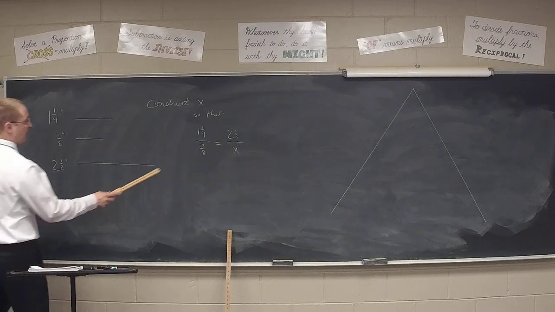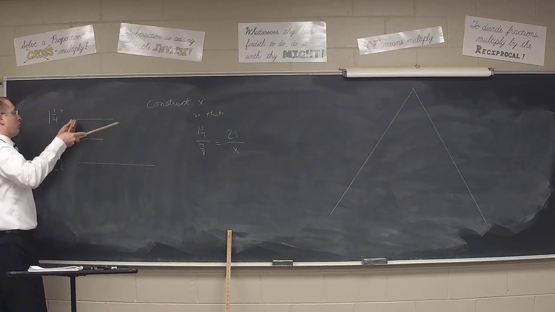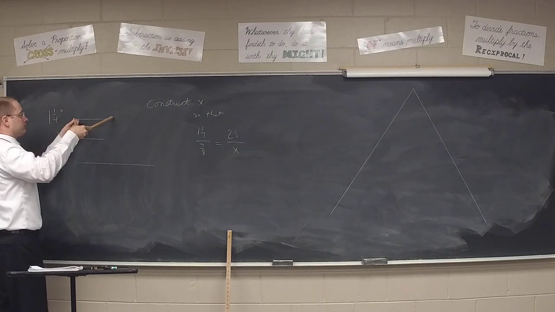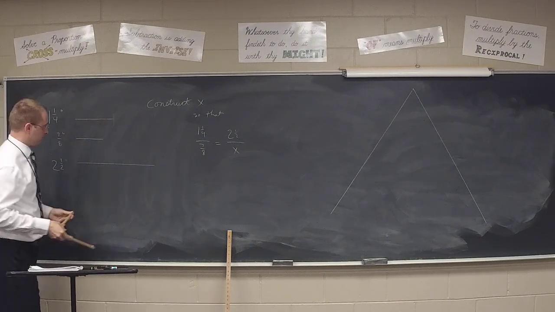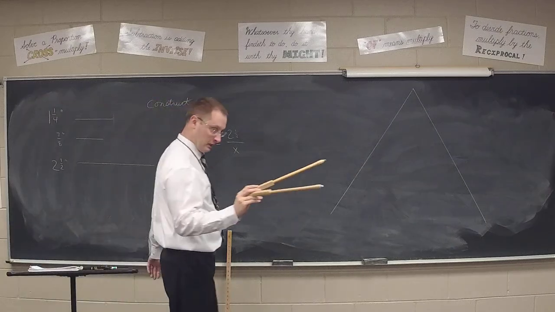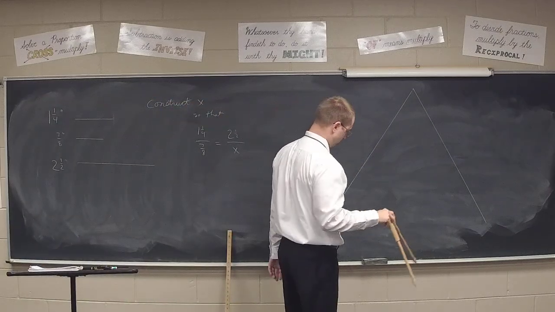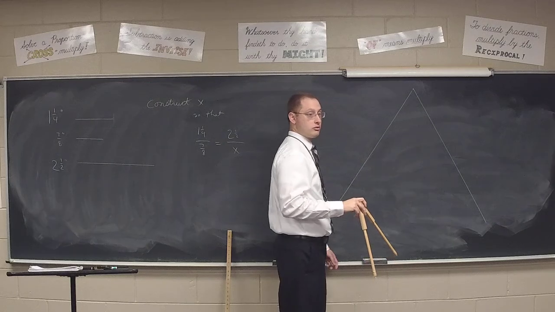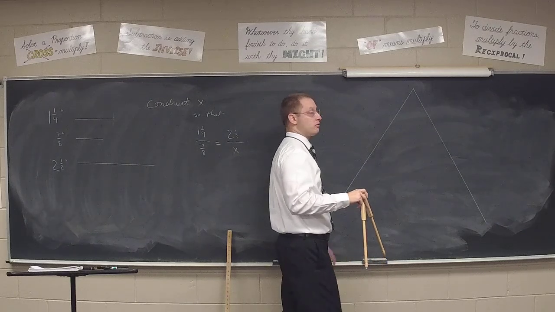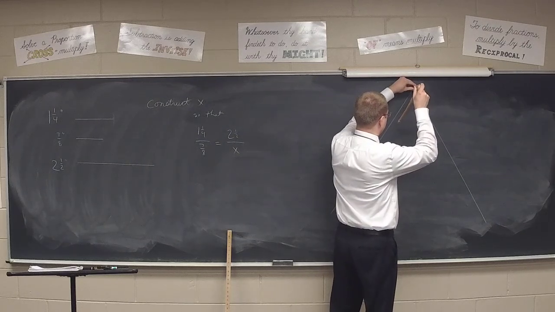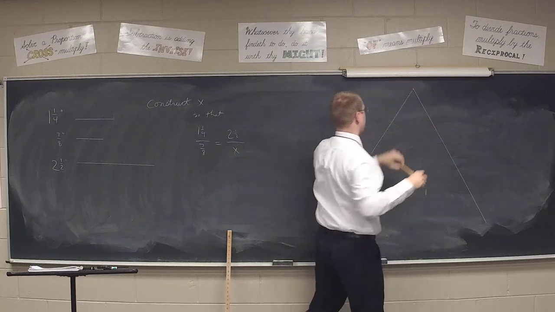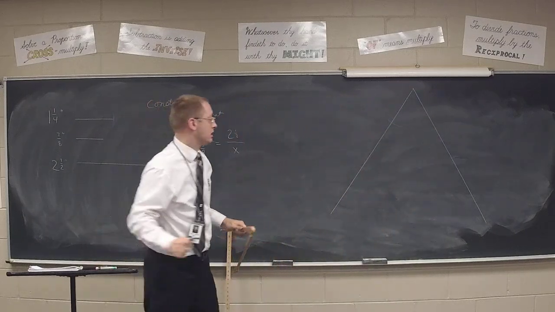Good, measure whichever line is in the 1st spot of the proportion, which is the 1 1/4 inch line. And then once I've measured it, from the vertex, mark off your 1 1/4 inch.